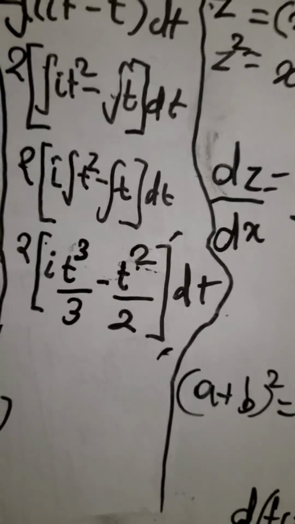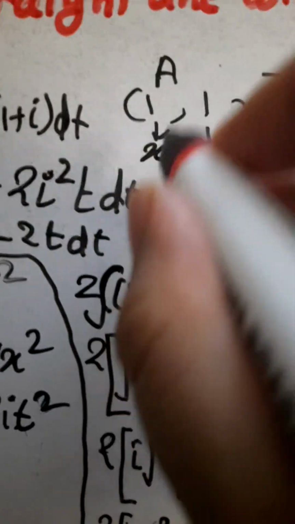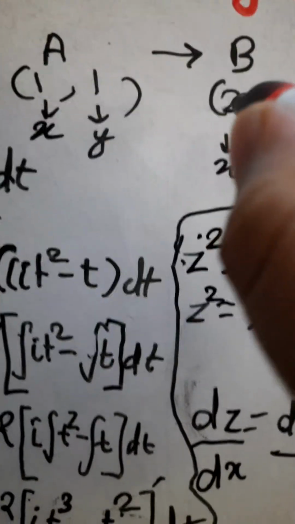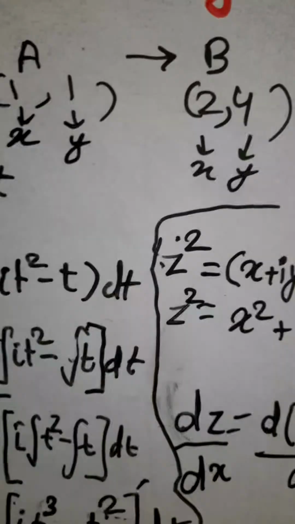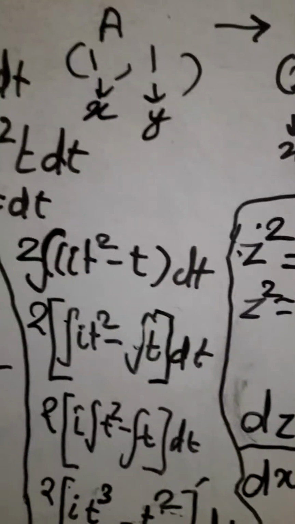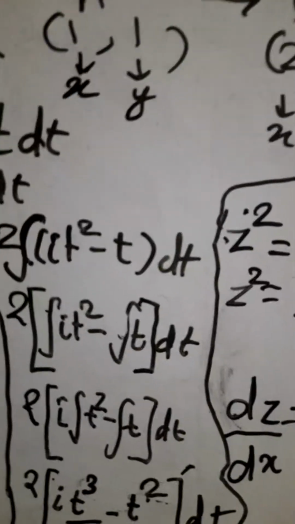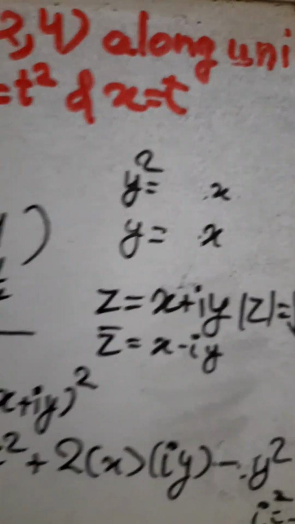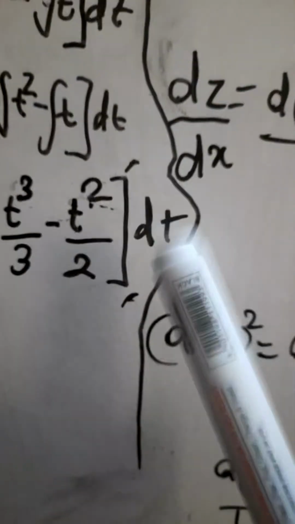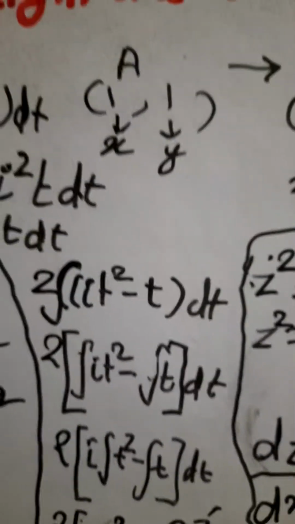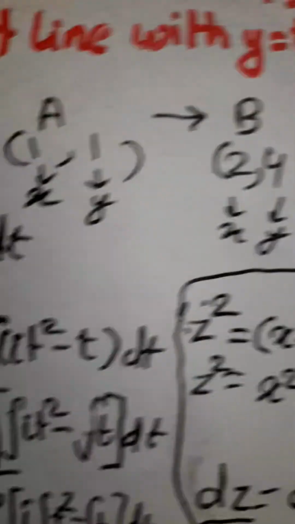Since we are using t here, these were the limits. Like, see, we are doing it in x terms, right? We did everything in x terms. We are gonna take the x coordinate, which is 1, and the ending coordinate is 2. Lower limit, upper limit, okay? 1 to 2. But it is not that simple. Because here there is the parameter x equal to t, so we have also found it in t terms, dt, with respect to t. So we have to find even the coordinates in t terms.